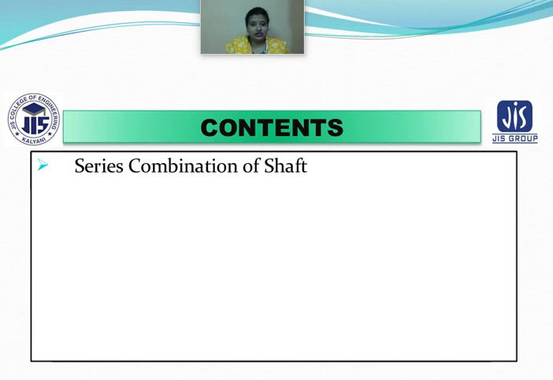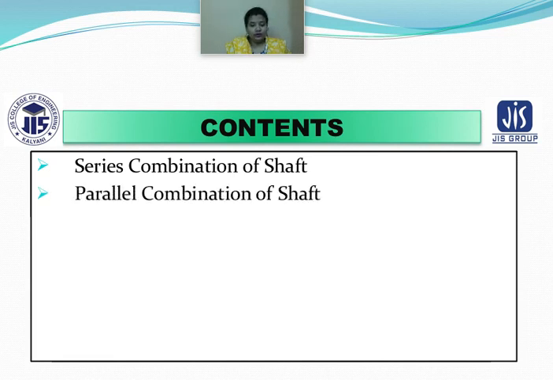Suppose you have considered a shaft AB, combined with another shaft BC. The total torque induced in that shaft AC is equal to the torque induced in AB plus the torque induced in BC. This is the basic concept for the series combination of the shaft.